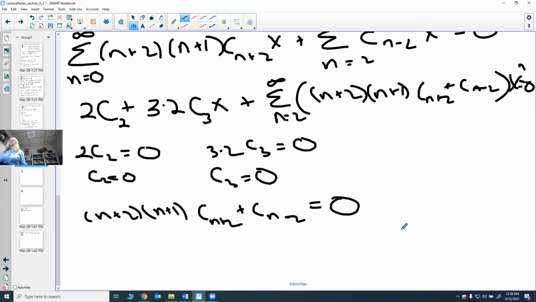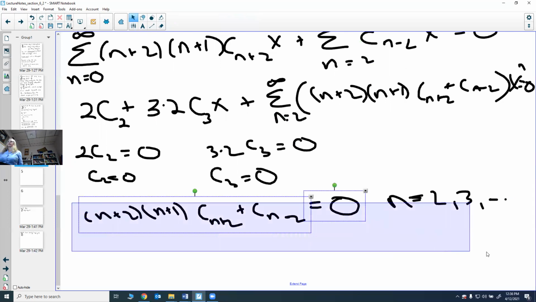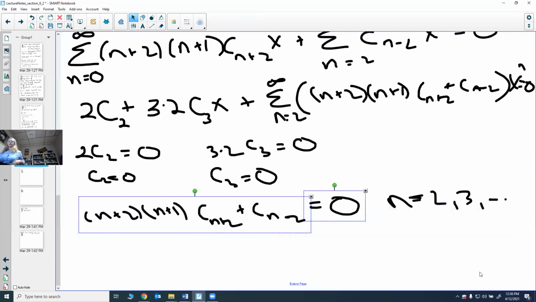Here, though, my n doesn't start at 0, it starts at 2, because this is where my summation starts. So n equals 2, 3, and so forth. Now I'm going to start substituting in my different n's to see if we can find a pattern.